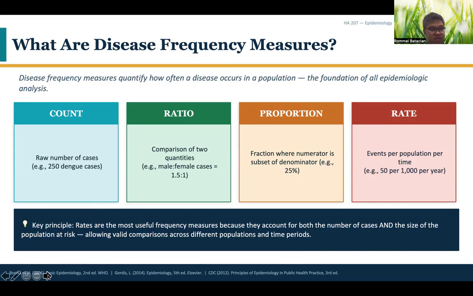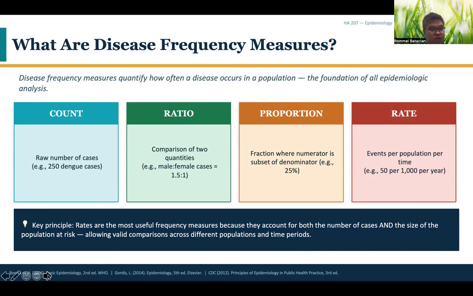It tells you nothing about the size of the population. 250 cases, for example, in a city of 500 people has a different impact as compared to 250 cases in a city of 1 million people. So you really have to contextualize the number of cases in relation to the population.